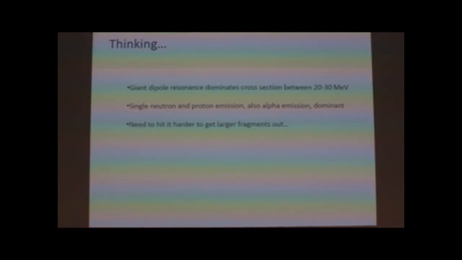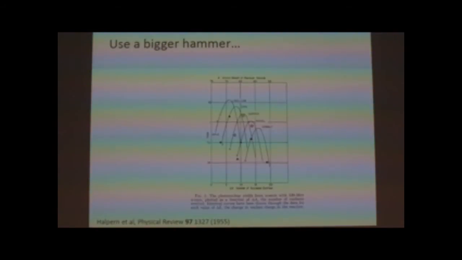So you get a little bit of stuff coming out, but we're not taking iron or things near iron and splitting it in half. So the idea is that we need to hit it harder to get bigger fragments out. So let's come back, let's use a bigger hammer. So instead of coming with 10 or 20 MeV, this time I'm going to come in with 320 MeV X-rays, Bremsstrahlung X-rays.